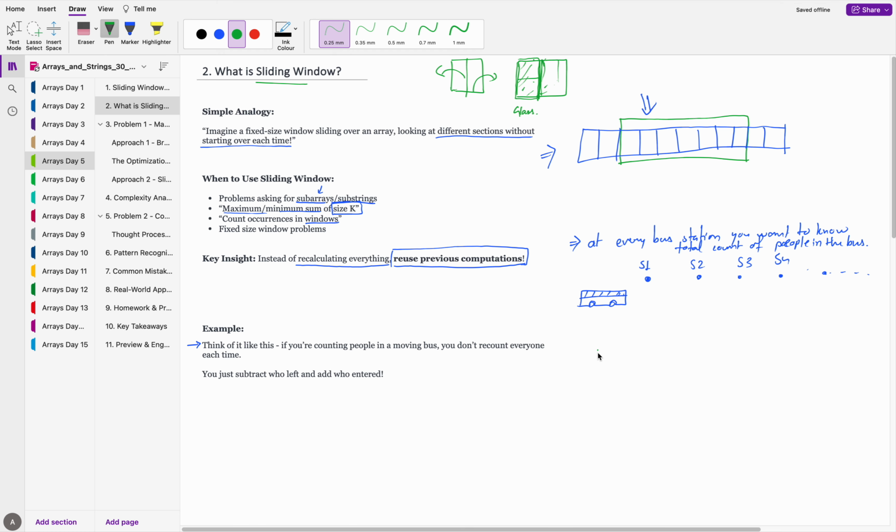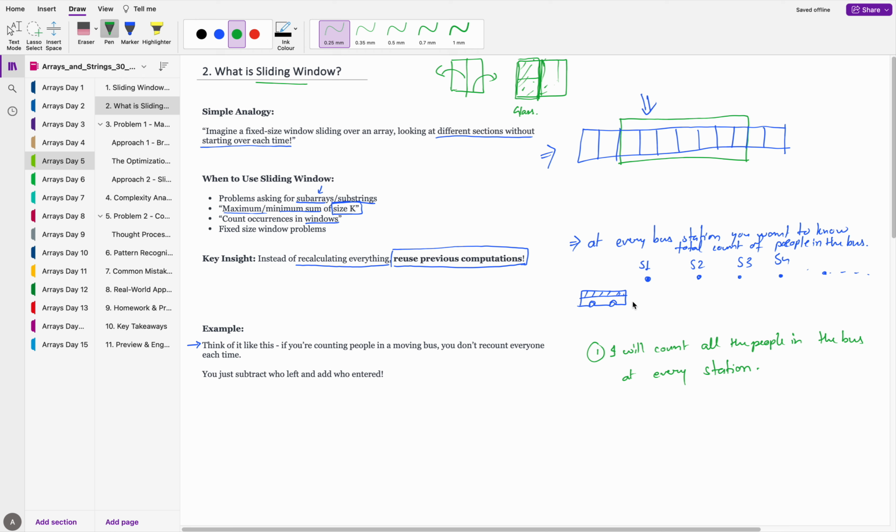The most basic thing is, you would say, at station one I will count all the people in the bus, and at every station. Yes or no? If you agree with me, you can write yes in the comment; if no, write no. So the most basic thinking is that you will try to calculate all the people in the bus at every station.